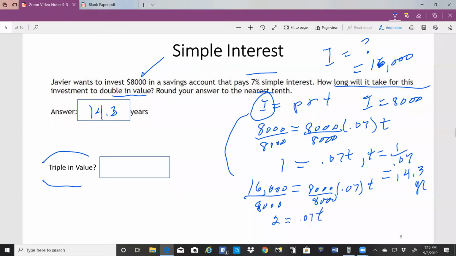But you get 0.07 T is 2, so T is equal to 2 over 0.07, which is 28.57 years. Rounded off to the nearest tenth, that's 28.6 years. That wasn't in the homework, but I thought it would be a very simple thing to be able to do.